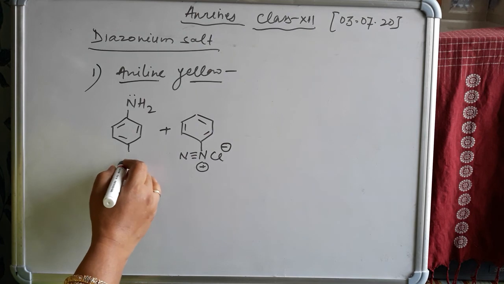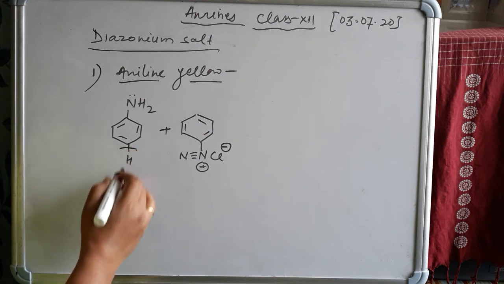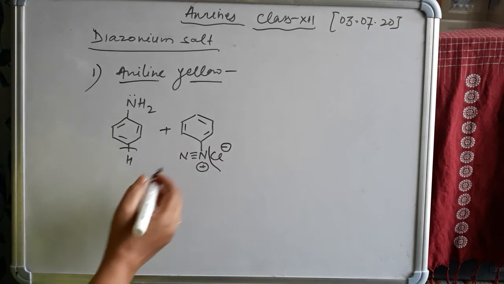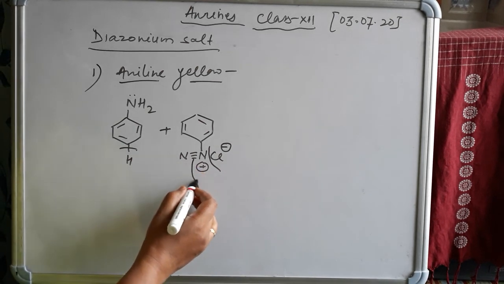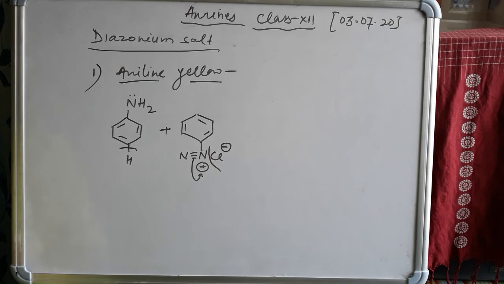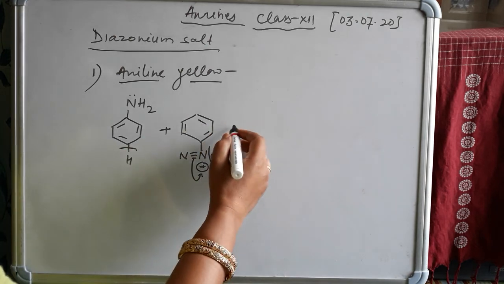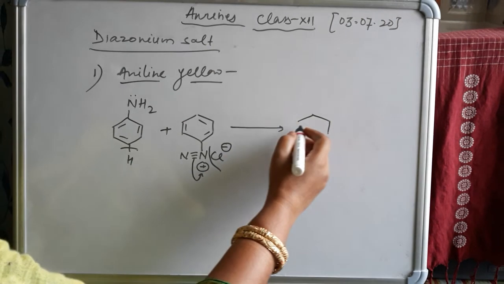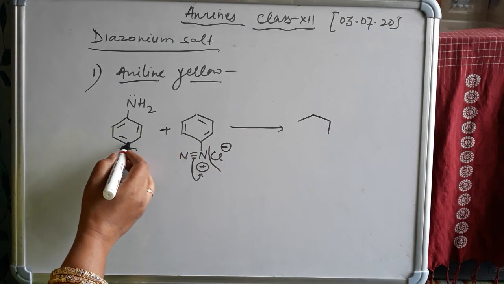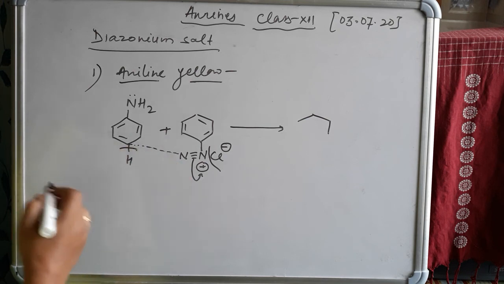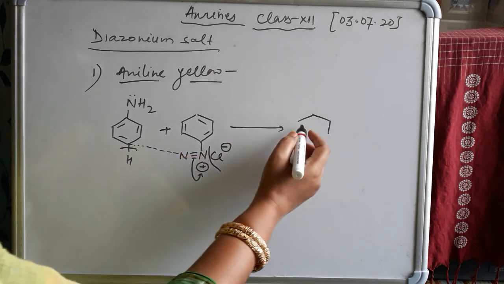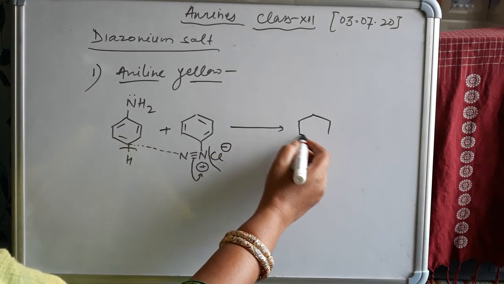Same at the para position, hydrogen is removed as well as chlorine is removed here, and this pi bond shifts towards the nitrogen, and the formation of this. The para position carbon is attached with this nitrogen, so coupling of carbon and nitrogen takes place.